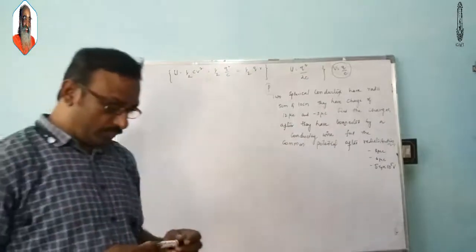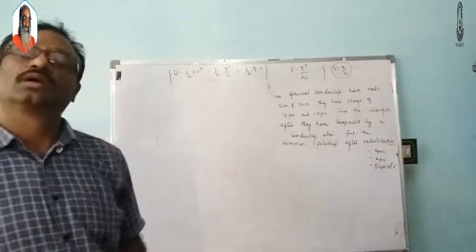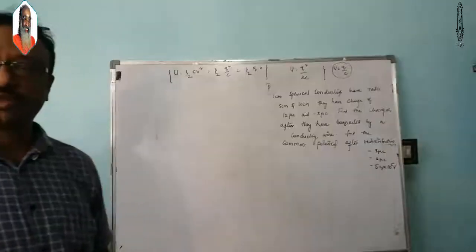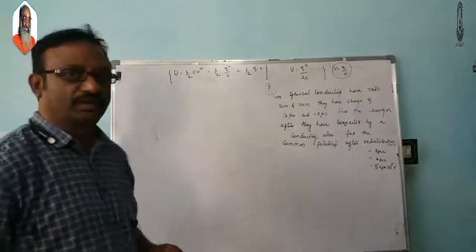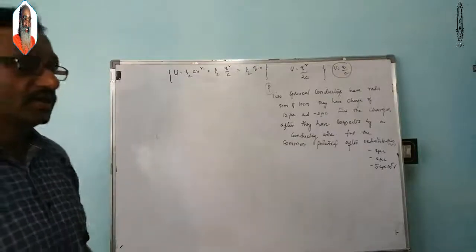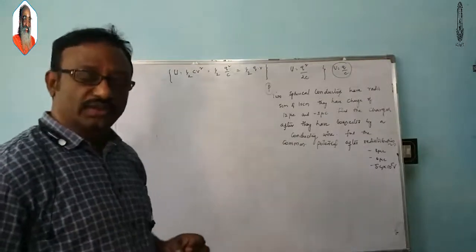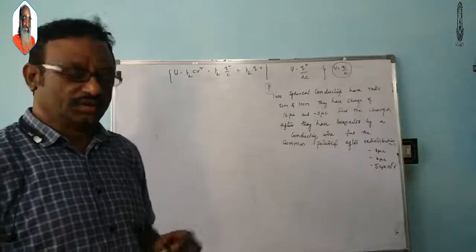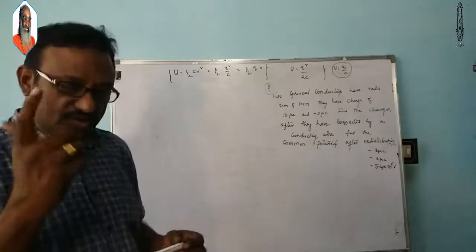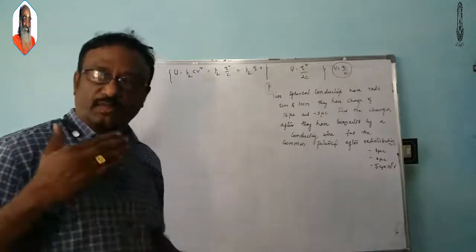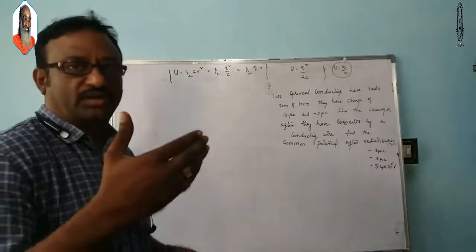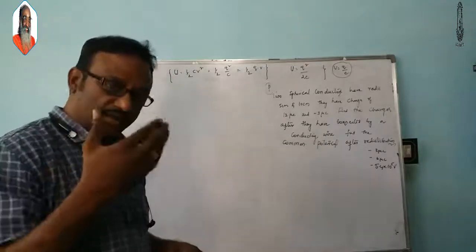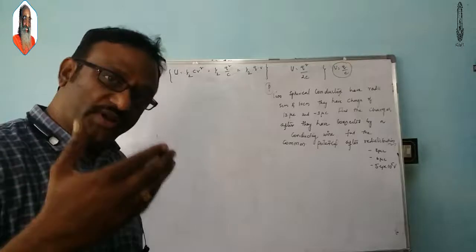We have derived an expression for finding the energy of a capacitor, the energy stored in a charged conductor. As you know, the energy is stored in a charged conductor because when we do some work to put the charges onto this conductor, that work done is stored in the form of potential energy.